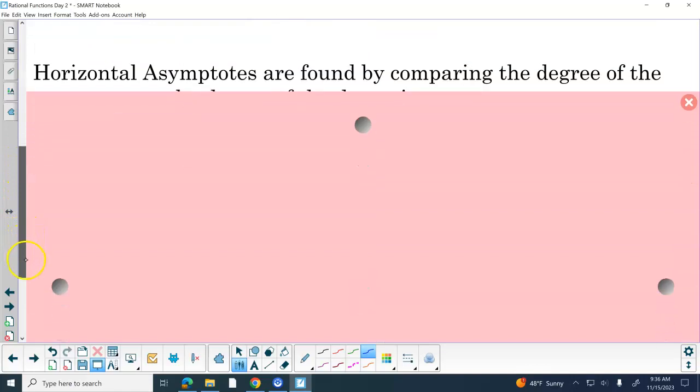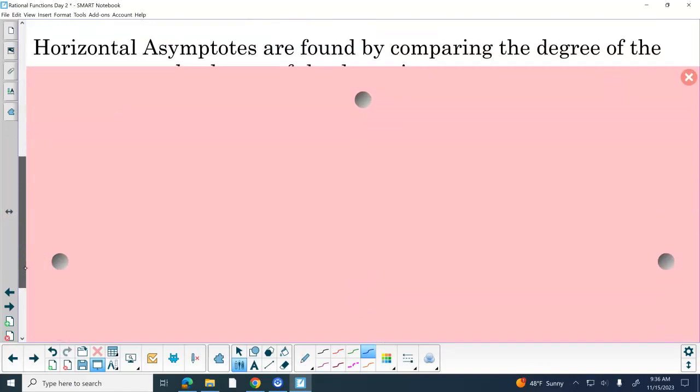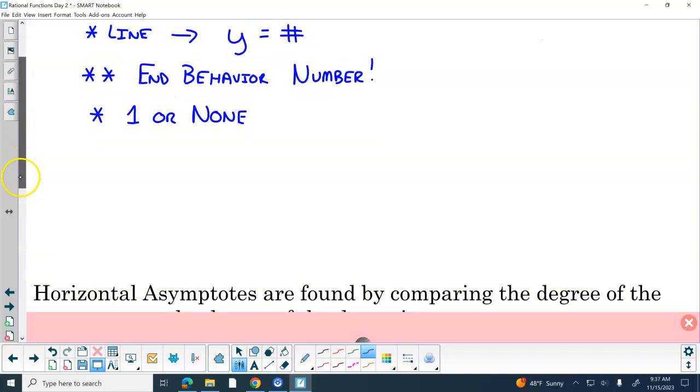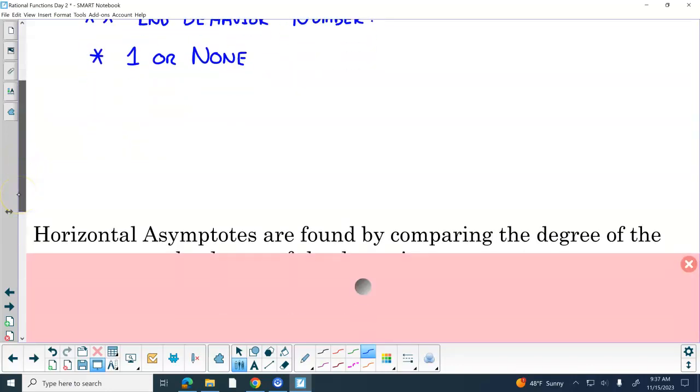So, here's how we figure out a horizontal asymptote. Okay? We compare the degree. Now, help me one more time. What is the degree of a function? Can we be even more specific? Because it's not always written in standard form. The biggest exponent.